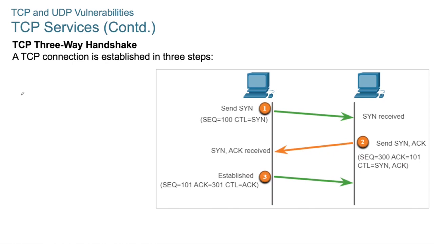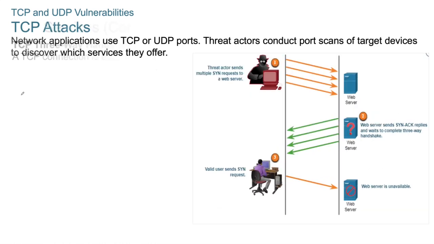Based on the port numbers, they can easily find out what the weaknesses are. In a TCP attack by the attacker, TCP synchronization requests will be flooded into the network. As discussed in the three-way handshaking process, this is a request to establish a connection with a server. The TCP SYN flood attack exploits this TCP three-way handshake.